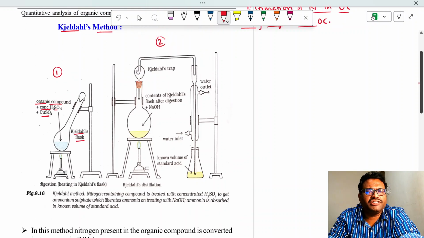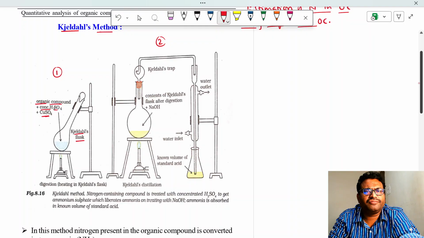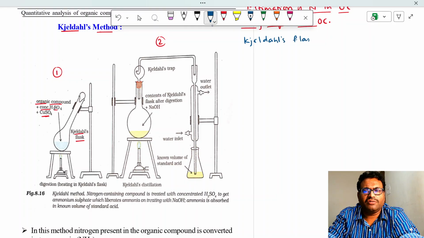So in the Kjeldahl flask, organic compound is taken along with concentrated H2SO4.